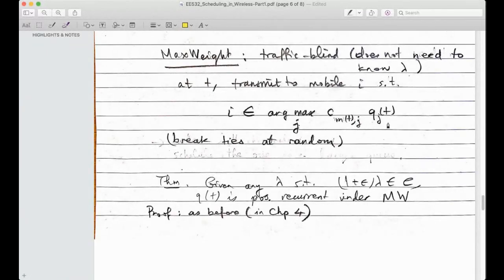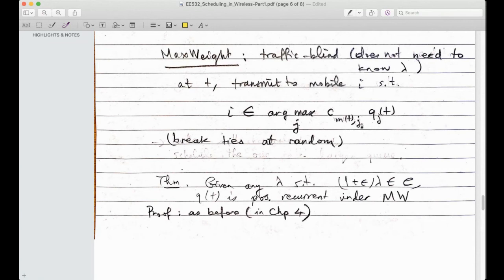So if a user's Q is large, but the rate it can achieve is small, this product can still be small. On the other hand, if it is currently enjoying a good rate, but its Q is empty, again, this product will be 0. The user will not be selected. So among those users who have a high product for rate times Q, select one of them.